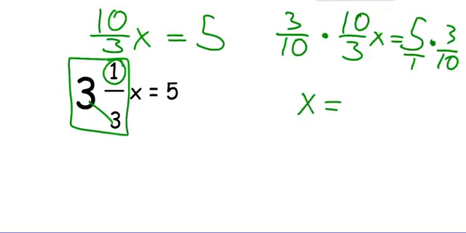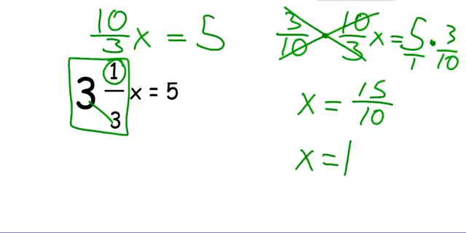My x is now left alone because this is going to become 1, and then 5 times 3 gives me 15/10, which then of course can be reduced to 1 1/2. If you don't understand that, 10 goes into 15 one time, which leaves you with 1 5/10, and 5/10 of course can be reduced to 1/2.